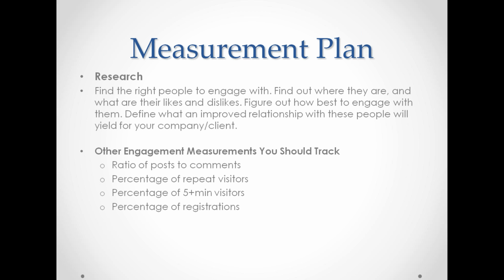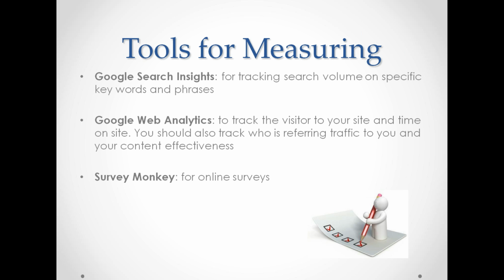And other engagement measurements that you could track: ratio of posts to comments, percentage of repeat visitors to your site, percentage of visits of 5+ minutes on your website, the percentage of registrations through your Contact Us page. These are all different ways that you can measure if your social media marketing efforts are working.